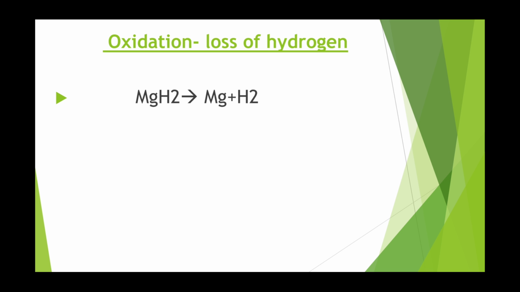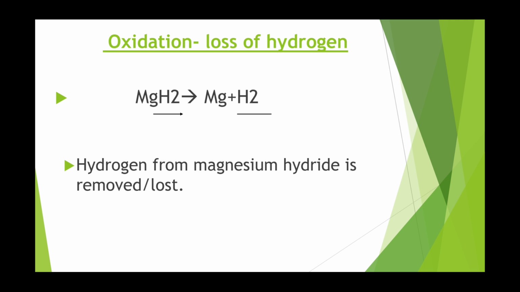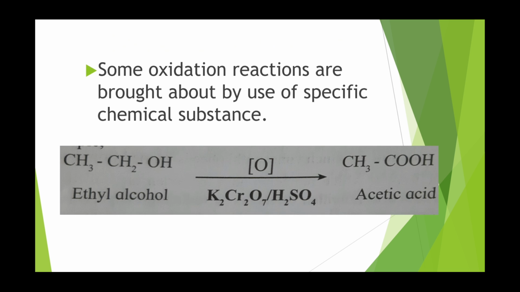Now you can see in the reaction, on the reactant side there is MgH2, magnesium hydride, but on the product side hydrogen is removed, hydrogen is lost from the magnesium atom, and hence it is a type of oxidation reaction.